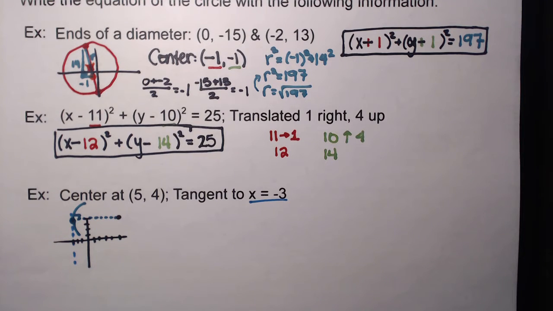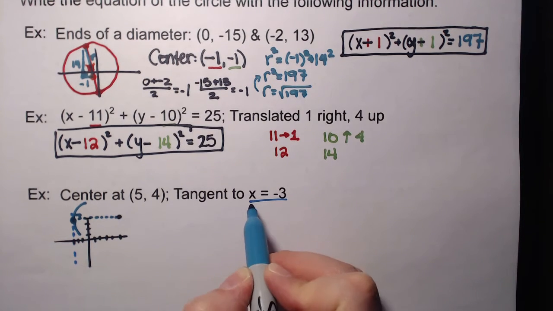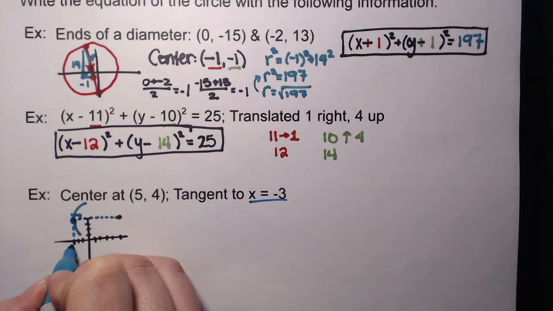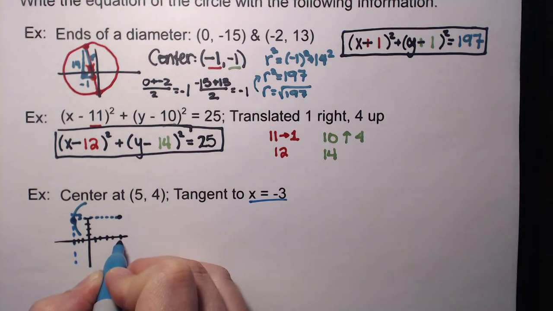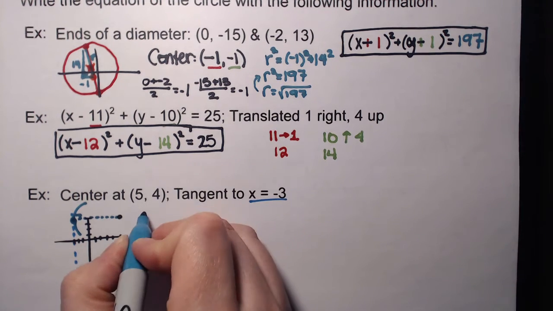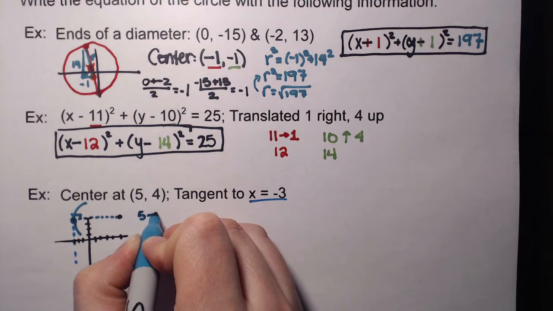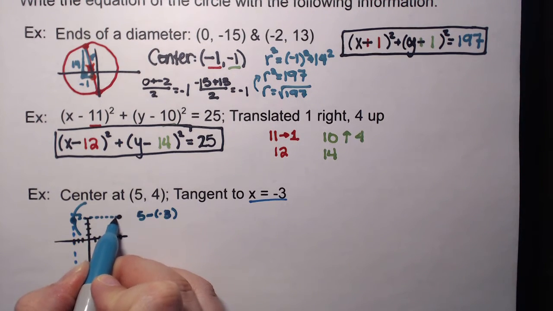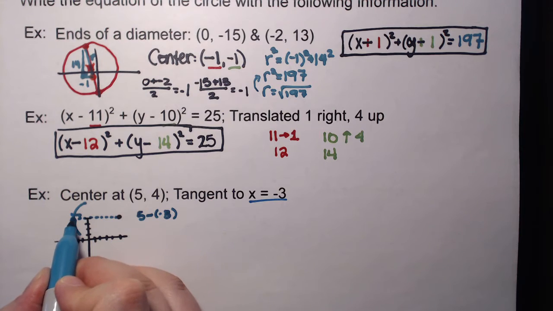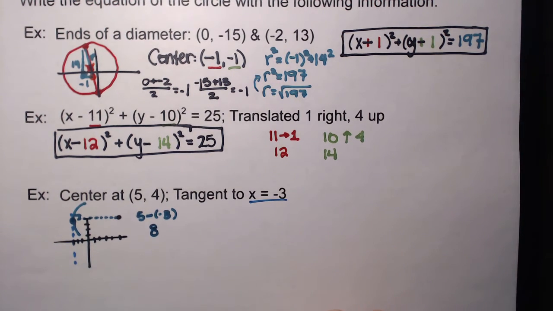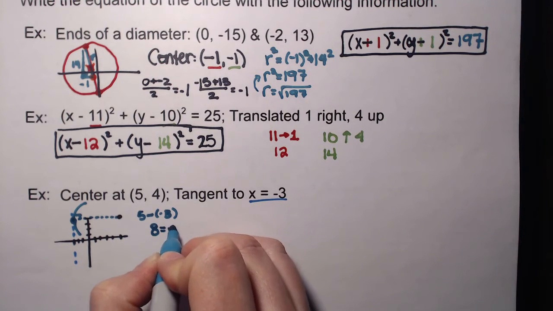So I'm going to look at the x value because it gave me an x equation of a line. So how do I get from -3 to 5? Well, I'm going to subtract it. So I take 5 minus -3, or think about it this way, distance of 5 to get to 0, a distance of 3 more to get to -3. So the radius is 8.